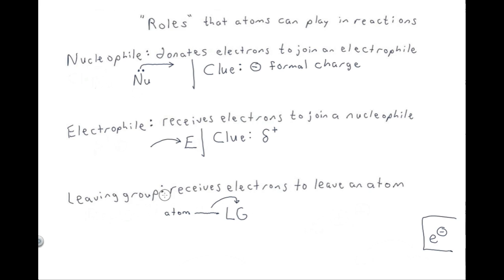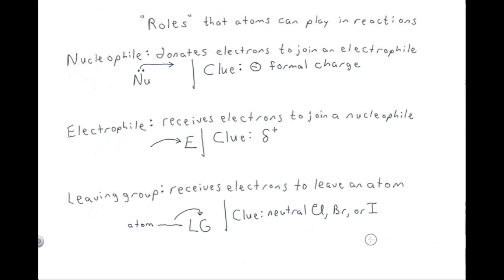What about for the leaving group? What clue will we use to identify the leaving group? Well, it turns out that the helpful clue is just to memorize that neutral chlorine, bromine, and iodine are good leaving groups.